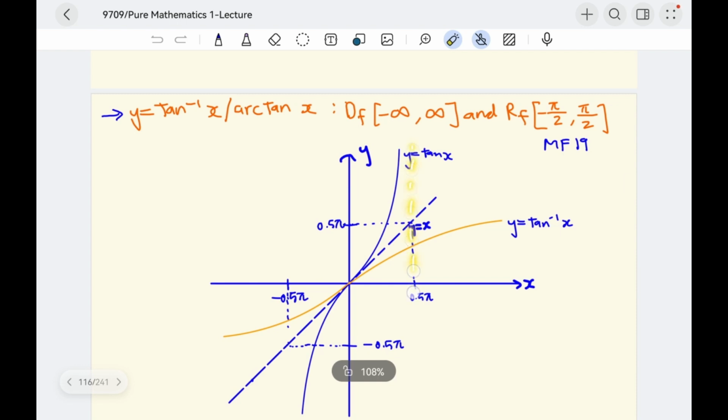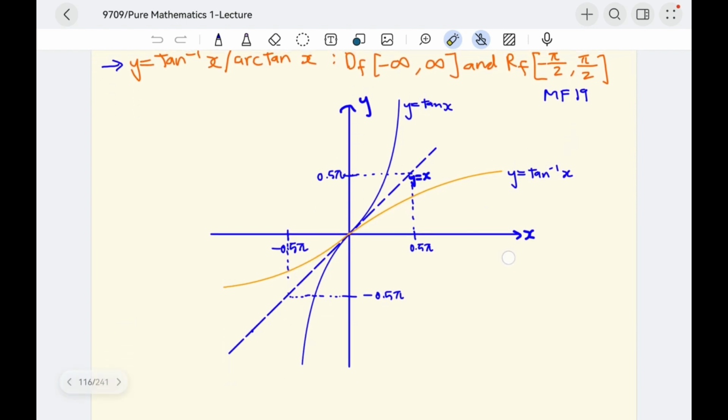these two are the asymptotes. So when it comes to the inverse functions, its vertical asymptote will become a horizontal asymptote, as I drew over here. So like this, when it goes down it approaches the horizontal asymptote.